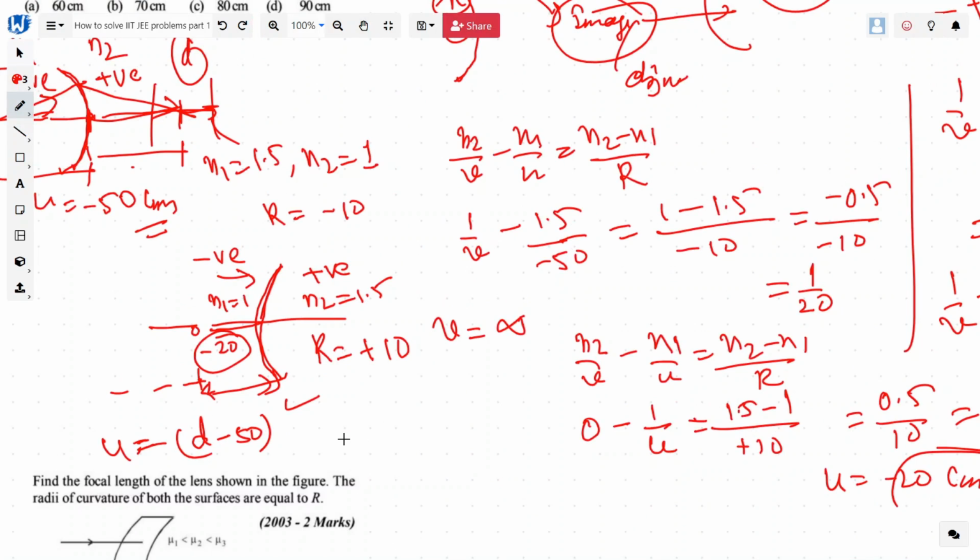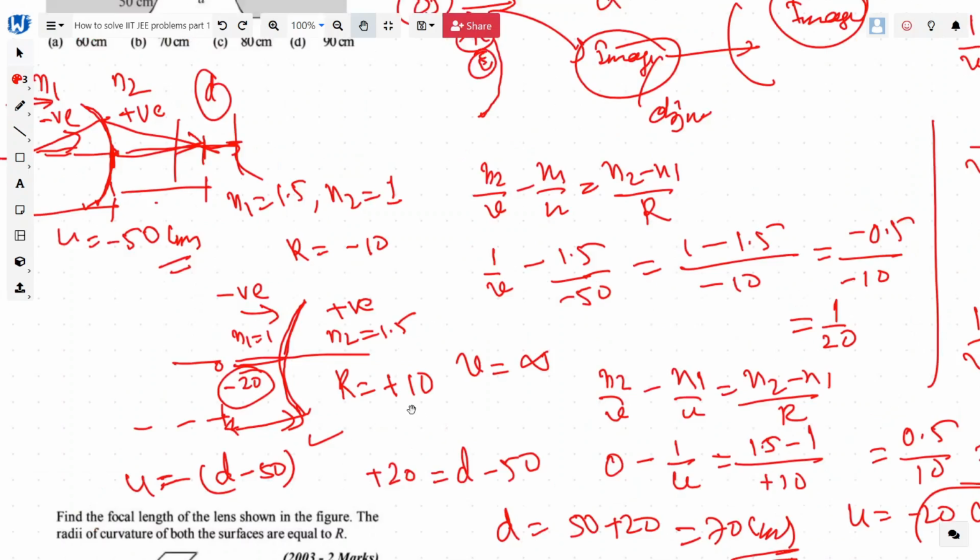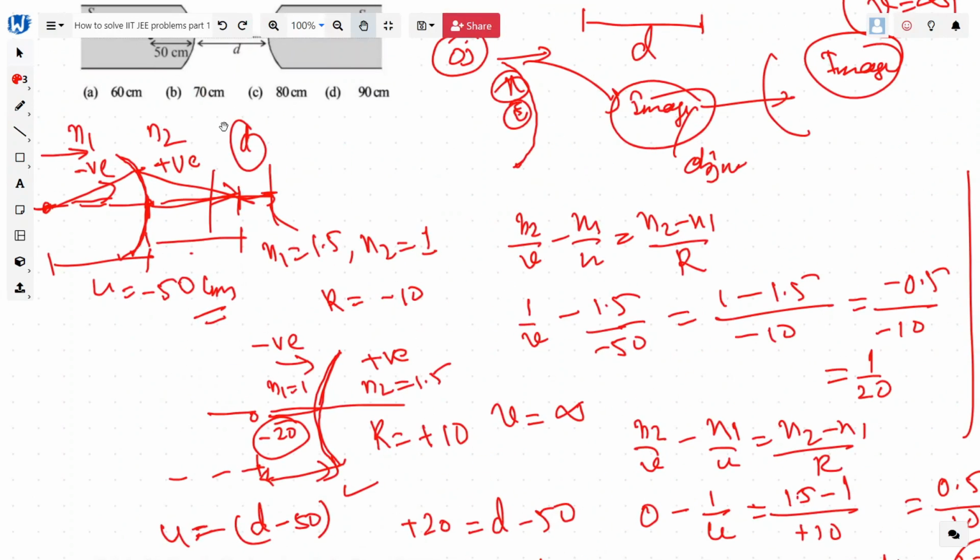So just plug that in here, and this is going to be minus u, right? So minus minus plus, d minus 50, and d is going to be equal to 50 plus 20 centimeters, and that is going to be 70 centimeters. Okay, so it was saying that you have to just add that up. So d minus 50, right? So this is a distance which is d minus 50, and that is going to be equal to 20 centimeters.